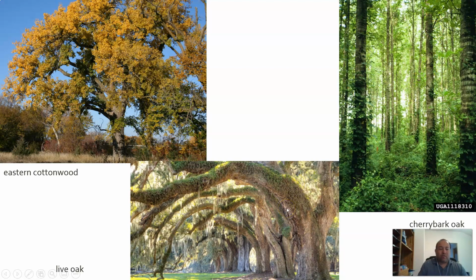And then live oak, which was really important back in the early 1700s for shipbuilding. The U.S. Navy was basically built out of live oak, but this is kind of what people recognize live oak for nowadays, having these big, huge limbs and having the Spanish moss or old man's beard hanging off of it. So it's usually picturesque, and you see it in a lot of movies when they talk about the South.